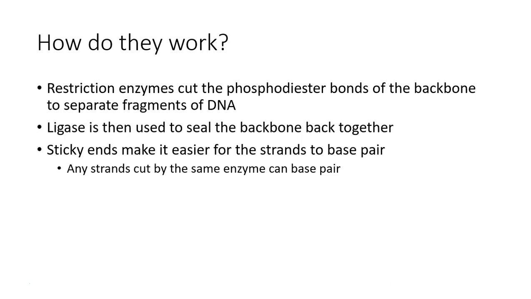Once that plasmid and gene are mixed, find each other, base pair, ligase will be used to seal them permanently. Sticky ends make it easier for the strands to base pair, and any strands cut by the same enzyme will be able to base pair because they have that complementary sequence.